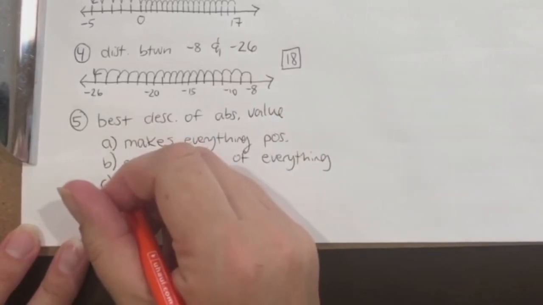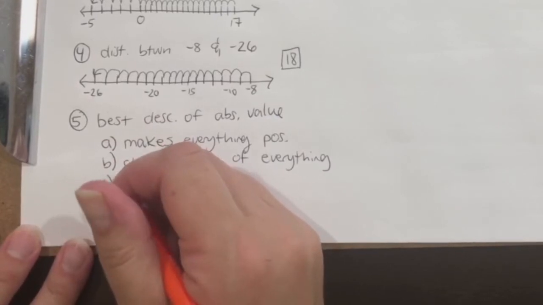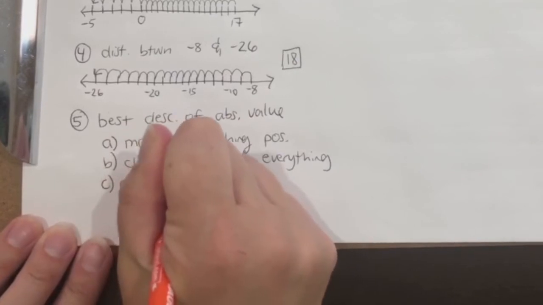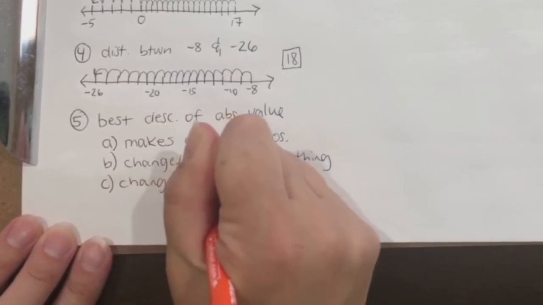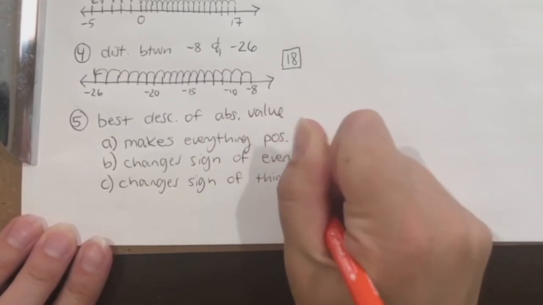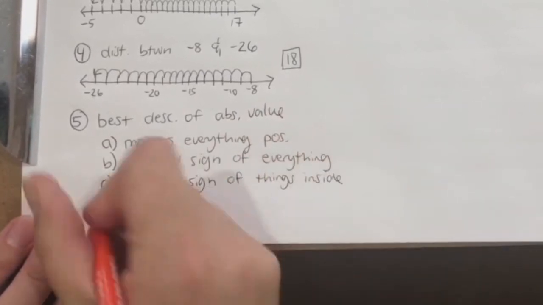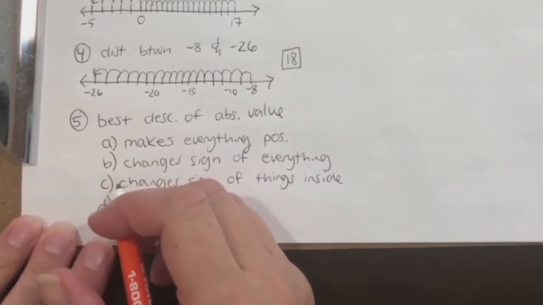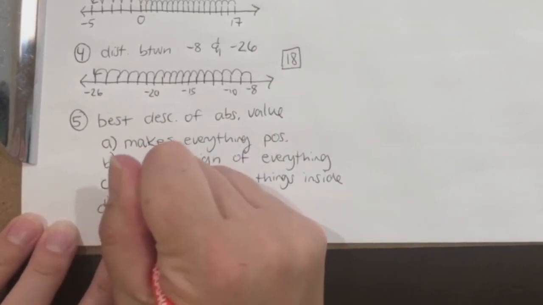C says changes the sign on things inside it. And D says makes the things inside it positive.